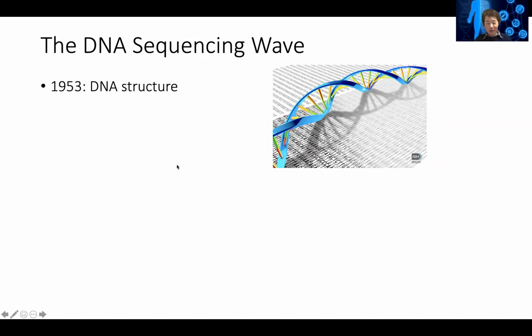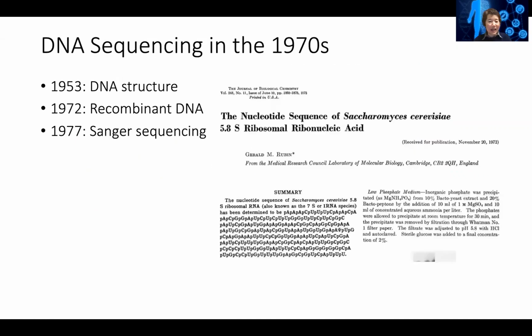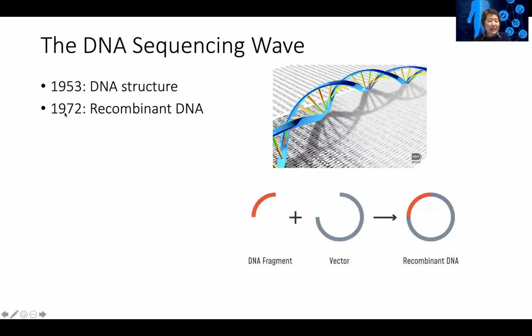That's kind of the beginning of molecular biology in some sense. And in 1972, a technique was developed called recombinant DNA. It's an experimental approach that allows people to cut DNA and stitch DNA together to create new pieces of DNA sequence.